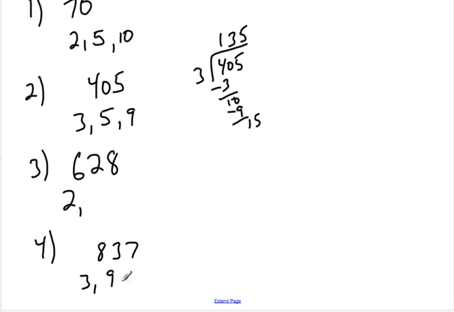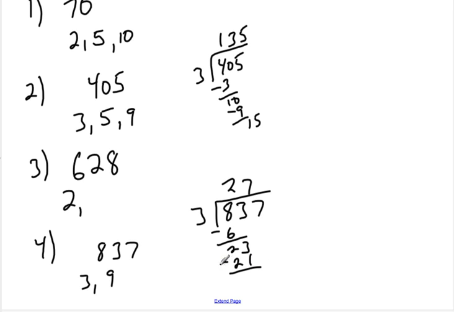I don't actually know that, but I know it's divisible by 9 because they add up to 18, but we can do the 3 twice technique here. 837 divided by 3 is 279. 279 is divisible by 3 because you can add them up, 16, 18. So just 3 and 9 for number 4. Moving on to number 5.